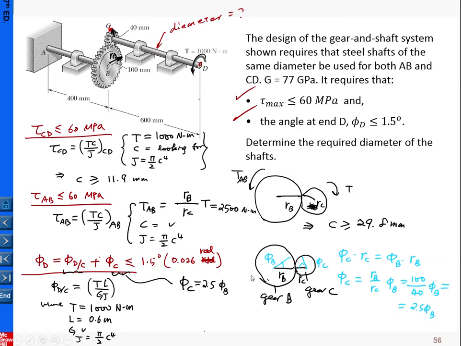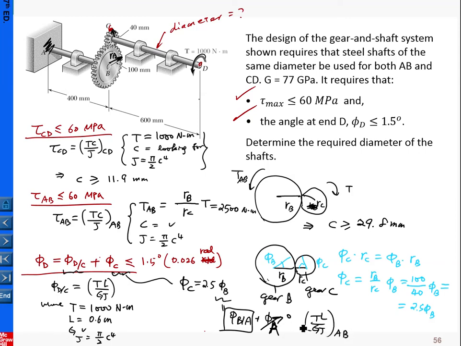So what is phi B? Phi B equals phi B relative to A plus phi A. A is fixed against the wall, so phi A equals 0. Now what is phi AB? Phi AB is TL over GJ, with everything pertaining to shaft AB.